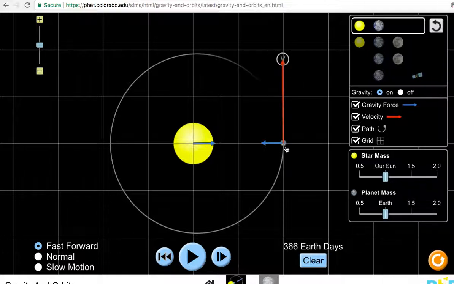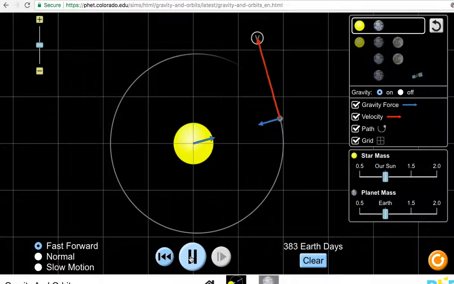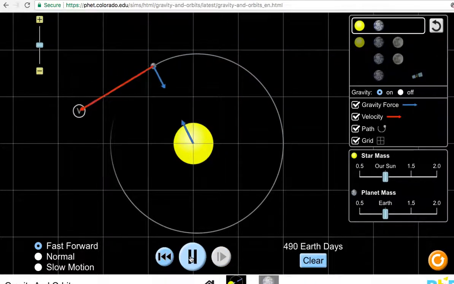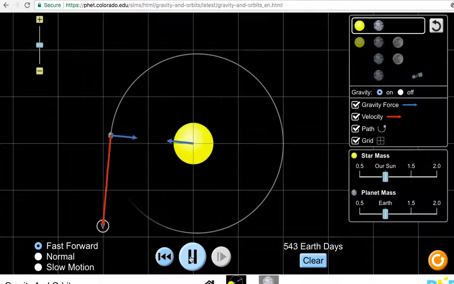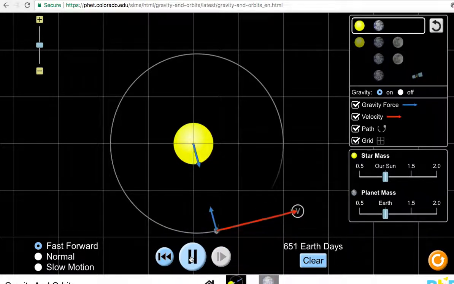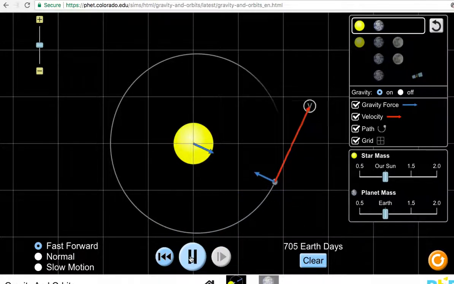There are two velocities here, but this velocity represents how fast the Earth is moving in this direction at this instant in its orbit. This arrow is continuously pointing in a different direction all throughout its orbit because the Earth's direction is constantly changing as it's being accelerated by the Sun's gravitational force.